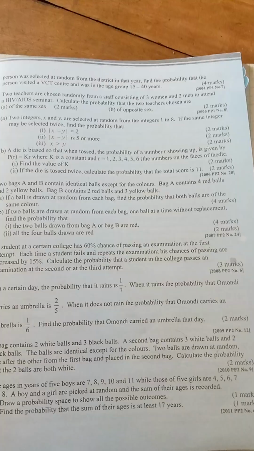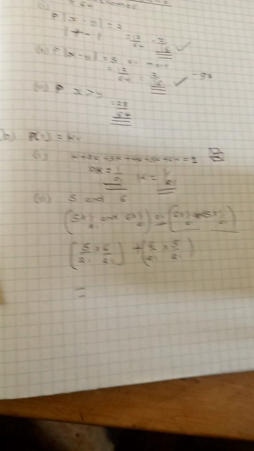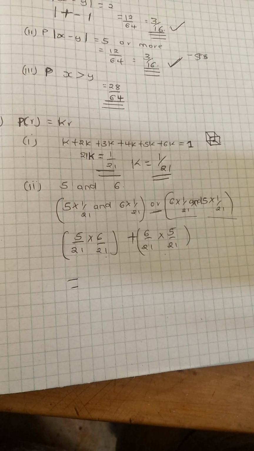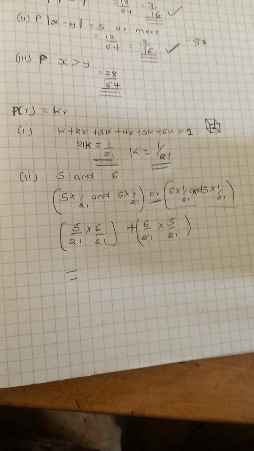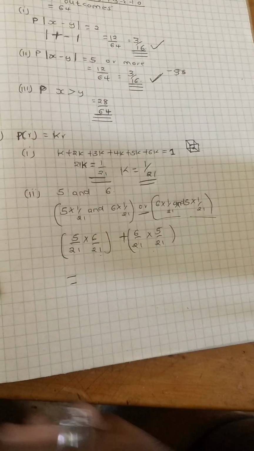So we can go to the last part of the question, learner. If a die is tossed twice, calculate the probability that the total score is 11. So for you to have the total score to be 11, you can either start with 5 and 6 or 6 and 5.